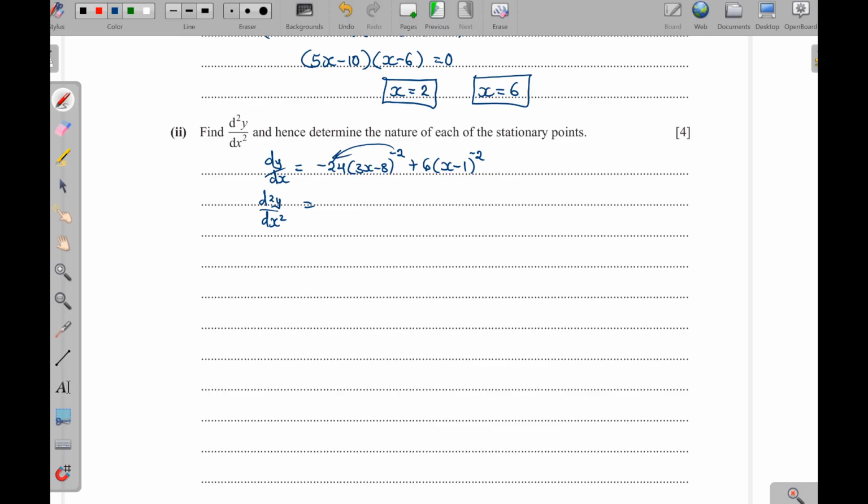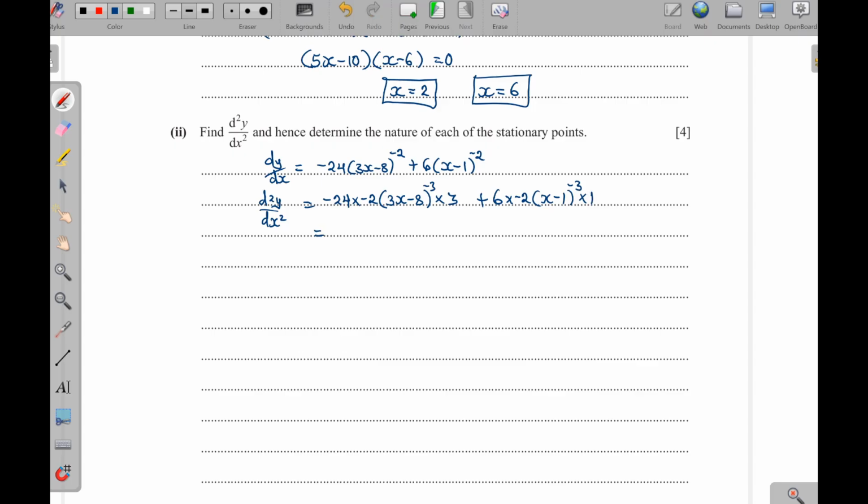Now, drop this one here. It is negative 24 times negative 2, then 3x minus 8 to the power of negative 3. Enter inside here and you differentiate, you get a 3. Then plus 6, then times now the negative 2. Remember, I'm dropping this power, and then I'm reducing the power by 1, so it becomes a negative 3. But then we are multiplying by the derivative of this, which is a 1.